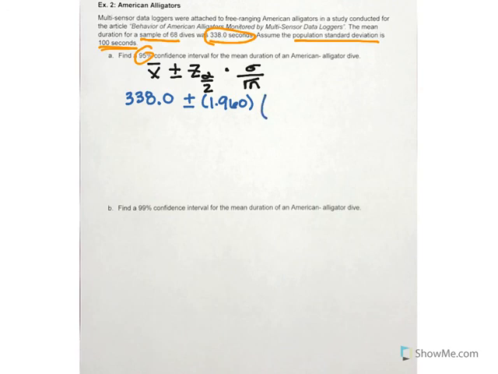Times the population standard deviation, which is 100, divided by the square root of 68. That's how many dives. So we're going to say 100 divided by the square root of 68, and that would give us 12.12678125, that we're going to multiply by 1.960.